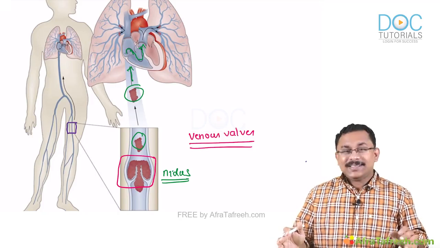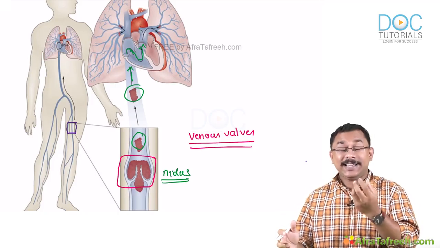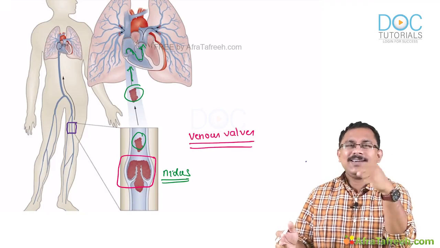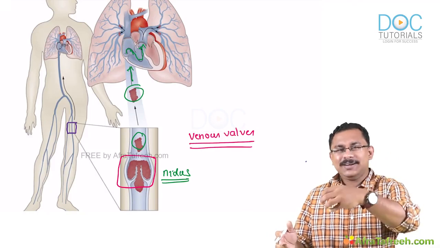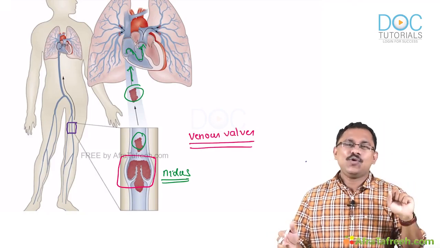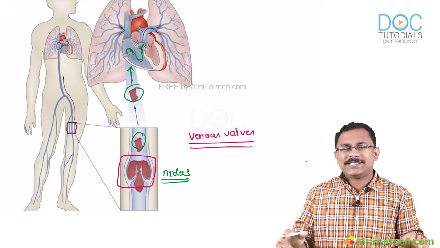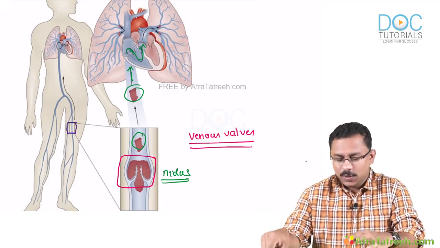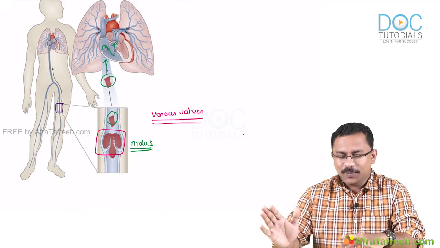Now the severity of manifestations would depend upon the size of the clot that has been dislodged from the lower limb veins. Obviously, if you have a large clot which is dislodged, it can go and impinge on a large pulmonary vessel. So the manifestation and the hemodynamic consequence also would be a larger one. Alright, so that is what happens in a pulmonary thromboembolism.